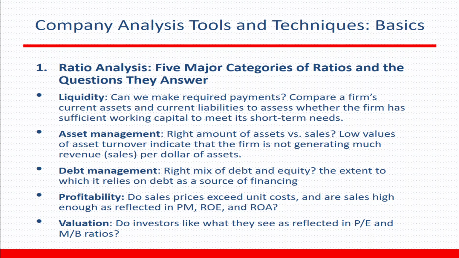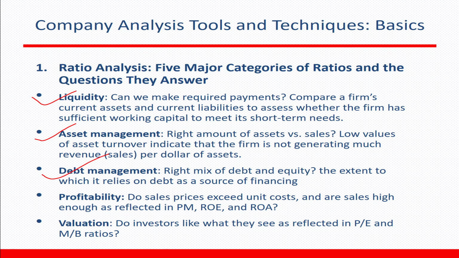Broadly, these ratios are divided into 5 categories, right? One kind is the liquidity ratio, and they usually answer the question like, can we make required payments? The second kind is asset management ratios, and that measures how these assets are being utilized. And there is the solvency or debt management ratio.